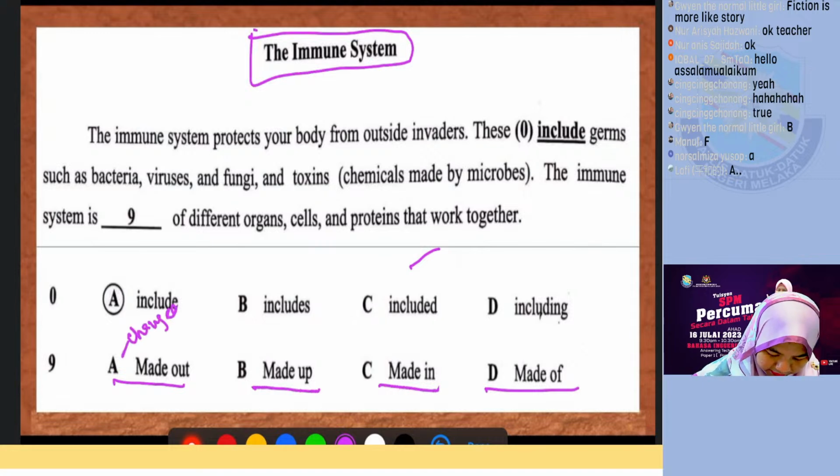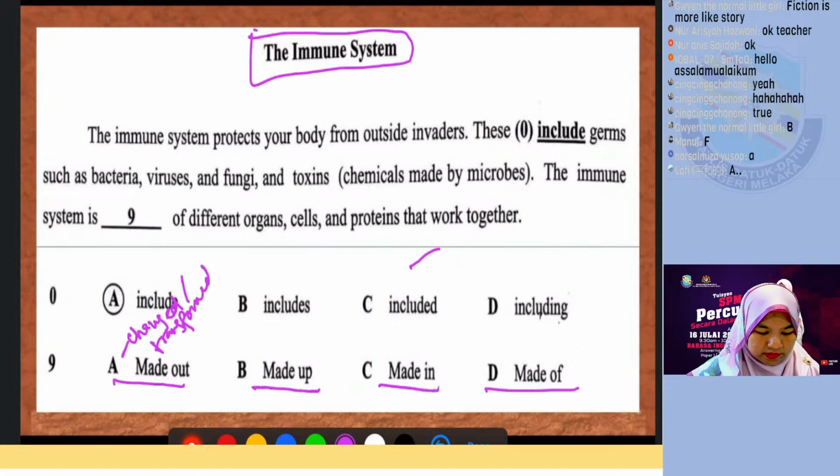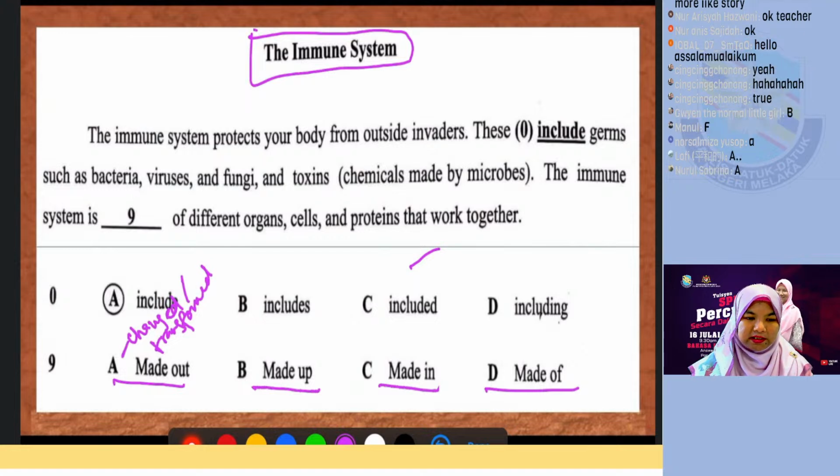Let me write it for you. Change or transform from one thing into another. We use made out when we want to say that the thing has changed or transformed from one thing to another.